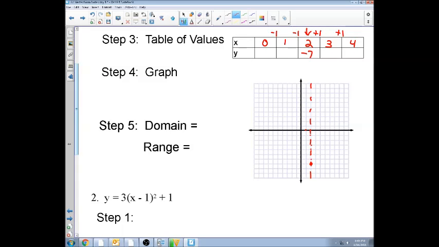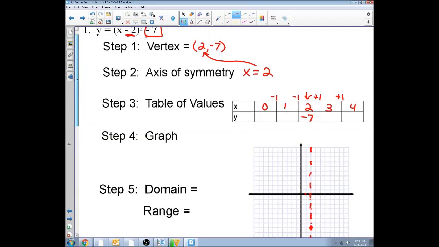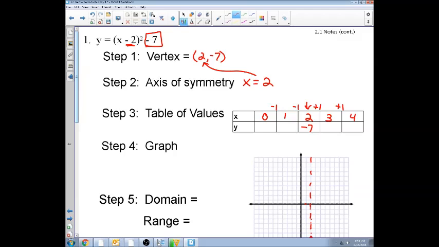Okay? Now, how do I find my y values? Well, what I'm going to do is take each one of my x values. So I have 3 as one of my x values. I'm going to take that 3 and plug it back into my original equation for x. Okay? How do I do that? Well, it would be y equals parenthesis 3 minus 2 squared minus 7.